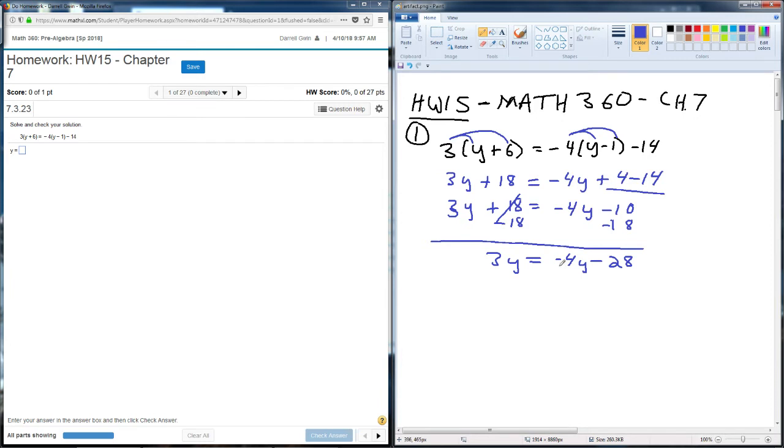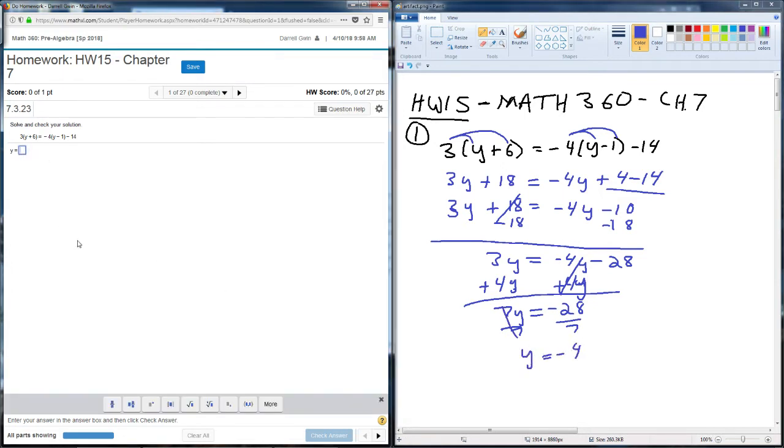We need to move the variables to the other side. So we have a plus 4y, plus 4y. This adds up to 7y equals negative 28. Divided by 7, divided by 7. We have y equals negative 4.